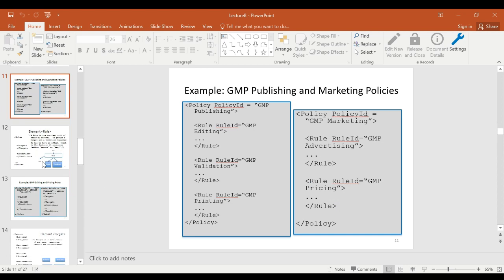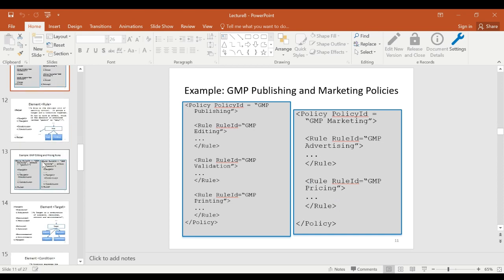So if we go back to our example here, we see that the GMP publishing and marketing departments, we said they each have their own individual policy. Then we see that the publishing department, for example, will contain three rules.